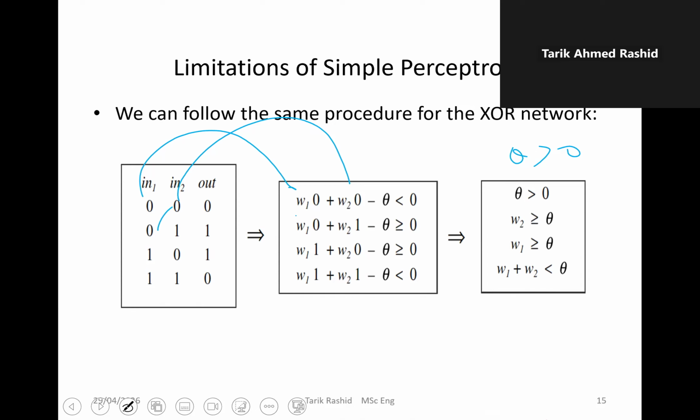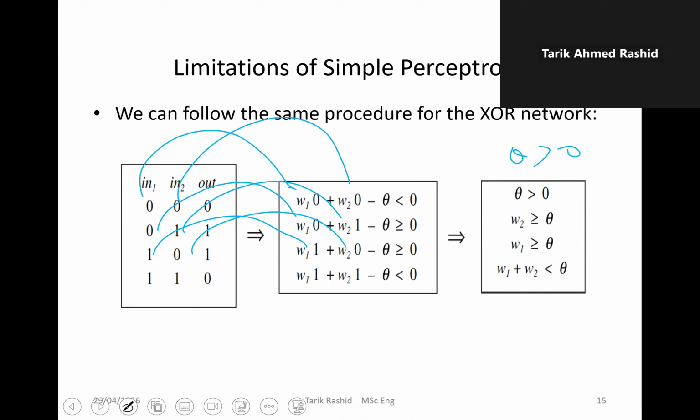Likewise, 0 multiplied by W1 and 1 multiplied by W2, then taking theta to the other side, W2 greater than or equal to theta. Likewise, 1 multiplied by W1, 0 multiplied by W2, and then minus theta, then W1 greater than theta.